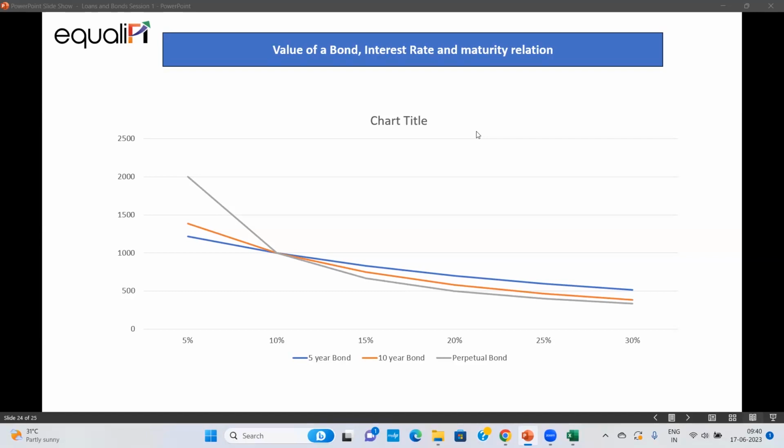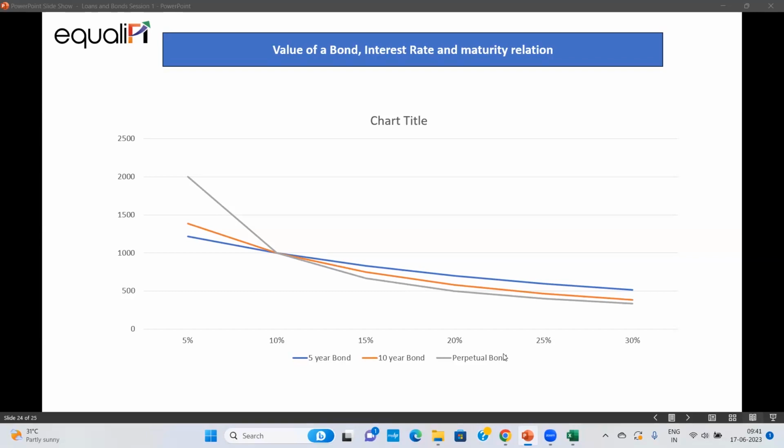Now, what is a perpetual bond? What is a perpetual bond? Which has no maturity.